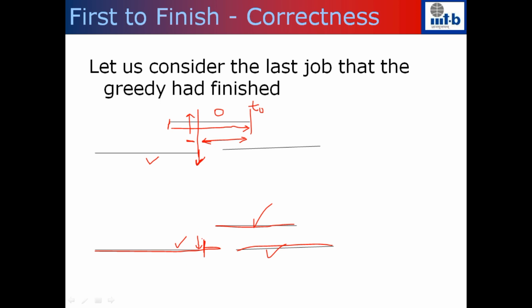But if it ends before the starting position of the last job done by the optimum algorithm, then the greedy should have picked this particular job instead of this, because this is the one which finishes first. So in both the cases we get a contradiction.